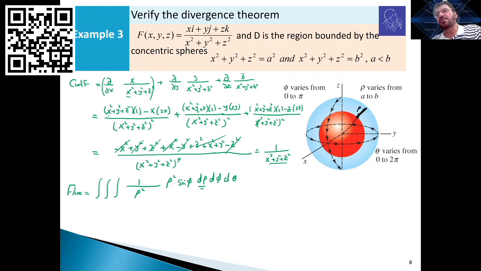The tip of this one, the initial is actually A, right? Because this is a sphere of radius A, the small one. A is less than B, and it ends on B. So this is the length of rho, isn't it? It's supposed to be from 0 to B, but here I'm in between these two spheres. So this is A, this is how far this point is from the origin, and this is how far the other point is from the origin. So when it comes to rho, it's from A to B.